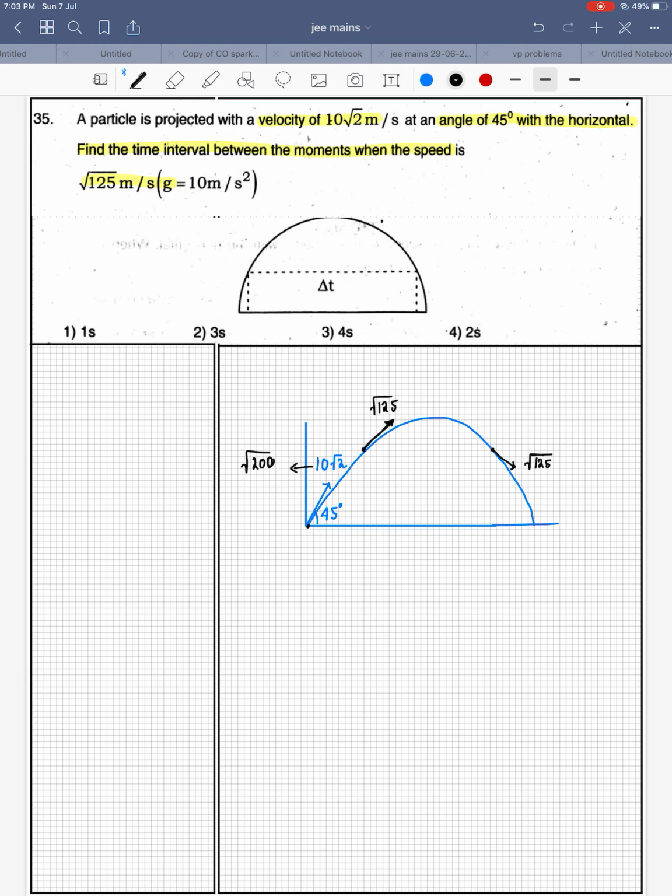So what is the component in x direction? It is 10√2 cos 45, which is 1 by √2, so you get 10. And in the vertical direction as well, 10√2 sin 45, you get 10.